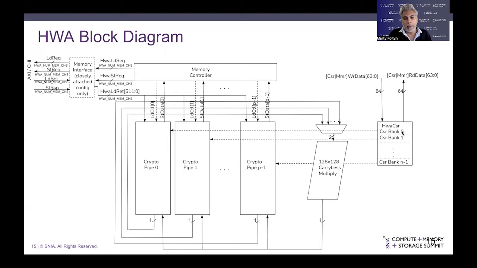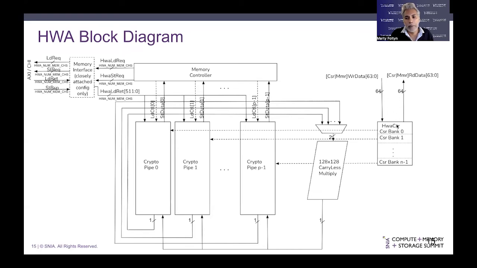And each bank has its own special registers that firmware can read and write, and can do this through either the special register interface for tightly attached, or memory mapped IO, memory mapped loads and stores, for closely attached.